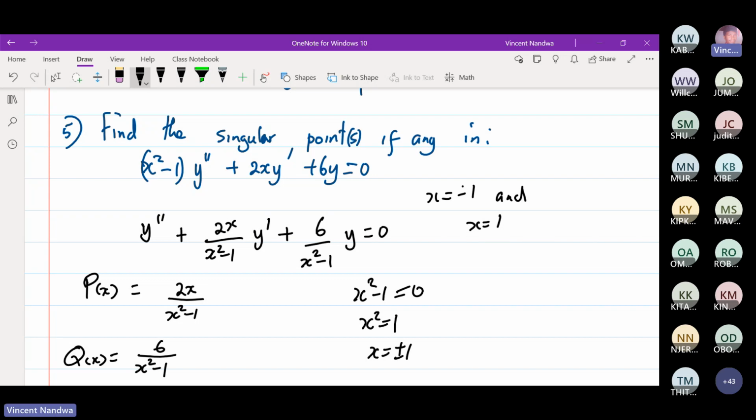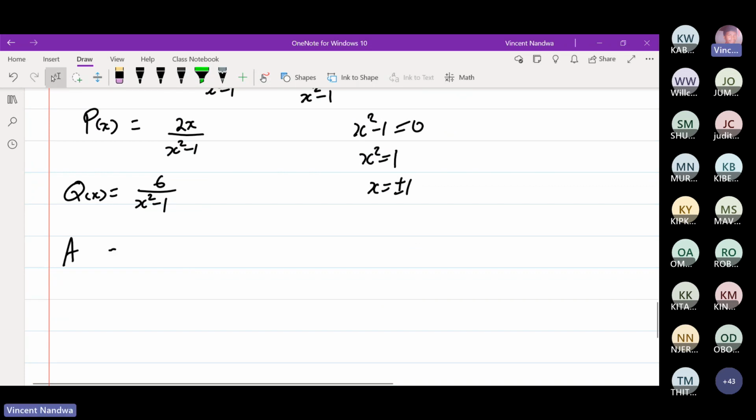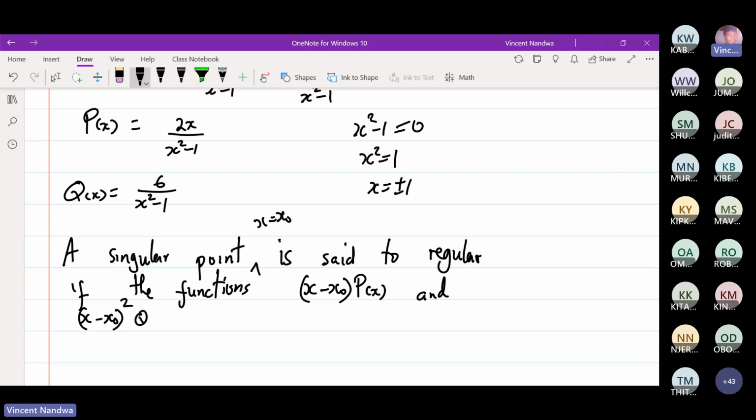Now, a singular point is sometimes called regular or irregular with respect to the values of p and q. A singular point x equals x naught is said to be regular if the functions x minus x naught multiplied by p and x minus x naught squared multiplied by q are both analytic at x naught.